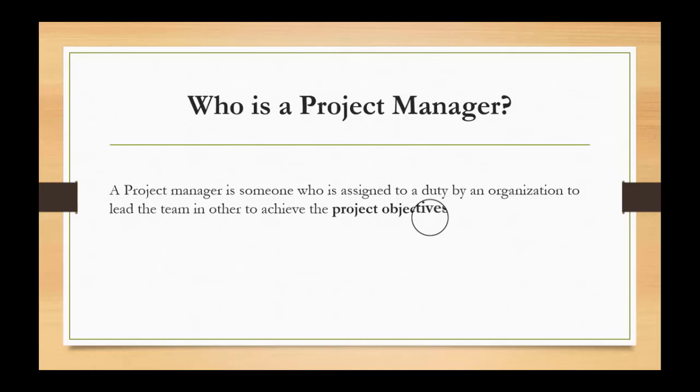Now, before the objective can be achieved, there should be somebody assigned to this objective, a leader of the project, so that he or she could lead the organization to achieve that objective or objectives. In this case, that person can be a project manager to that organization.